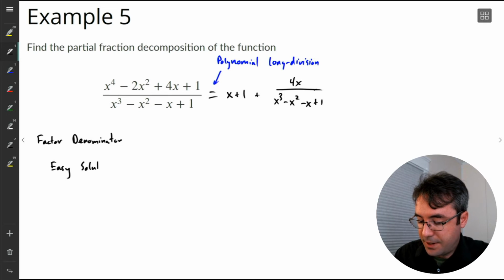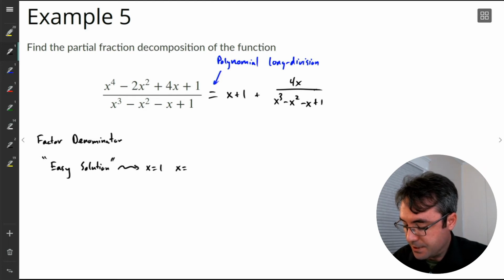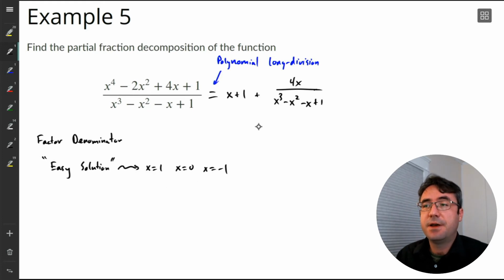Try a few nice integer values, maybe x equals 1, x equals 0, or x equals -1. Those might be easy enough. The way you can check that they're a solution is to take one of those x values, plug it into the thing you want to factor, and see if it gives you a 0 or not.